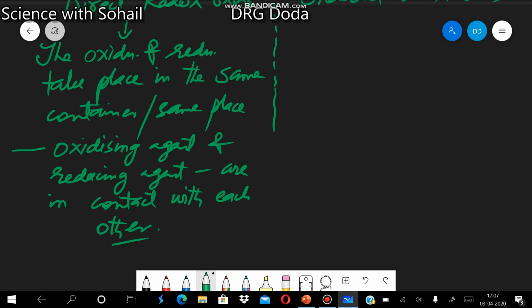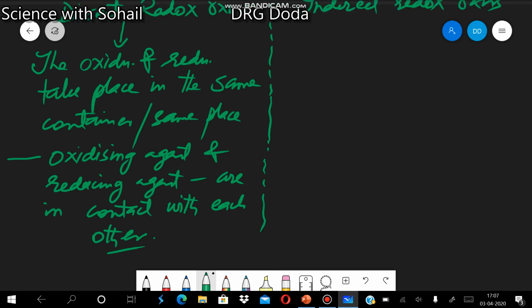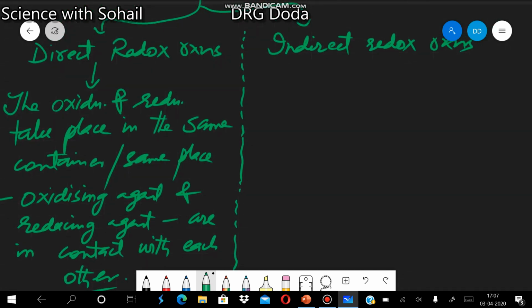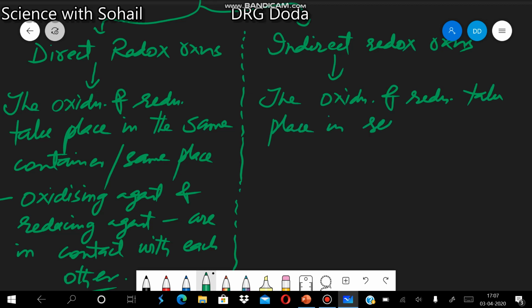That means there is a direct transfer of electrons between two species. And when we talk about the indirect redox reaction, these are the redox reactions in which the oxidation and reduction take place in separate containers. That means at different places.